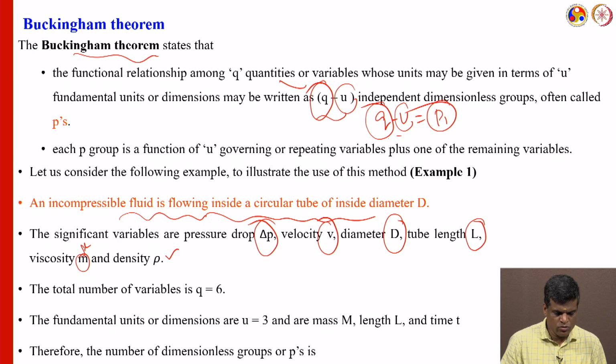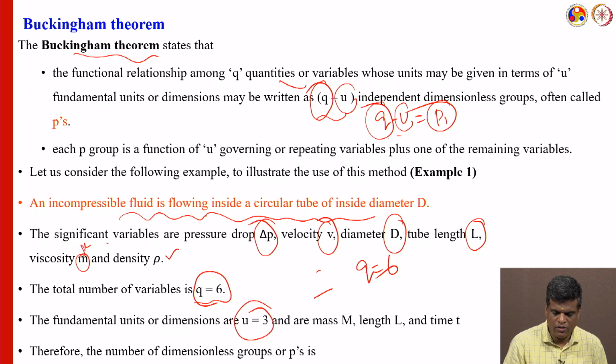So the total number of variables is q equal to 6, written as a small q, not a capital letter. The number of fundamental dimensions is u equal to 3, so we will get 3 dimensionless groups here.